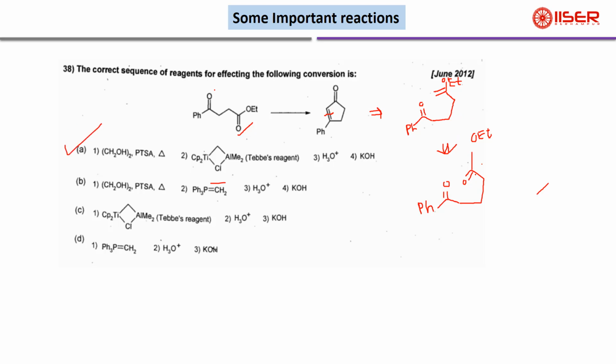I hope you understood. So if I draw, this is the forward synthesis. This ketone will be protected first using glycol.